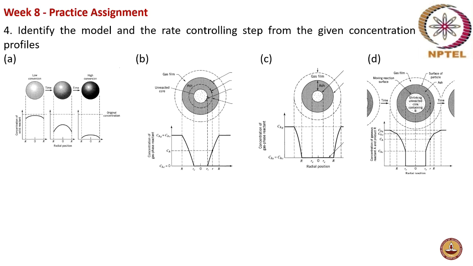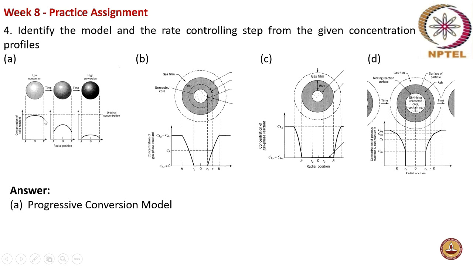Okay. So the first one actually refers to the progressive conversion model. In this model, it is assumed that the reaction takes place across the entire volume of the particle. Okay. So that is why you could observe there is a concentration profile varying across the entire volume. You could see this is the original concentration.